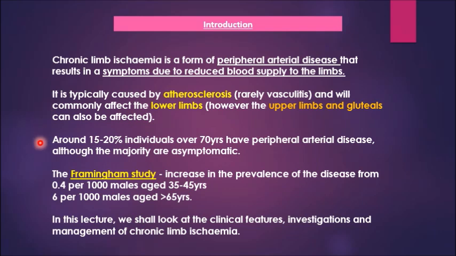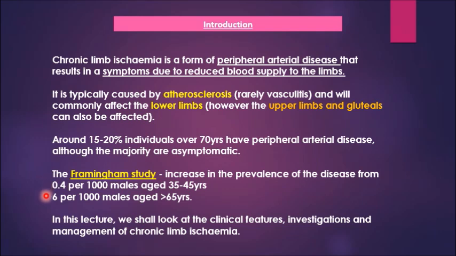Around 15 to 20% of individuals over 70 years of age have peripheral arterial disease, although the majority are asymptomatic. The Framingham study reveals the increase in prevalence of the disease from 0.4 per 1,000 males aged between 35 to 45 years.